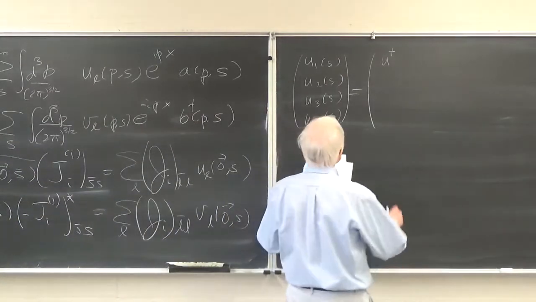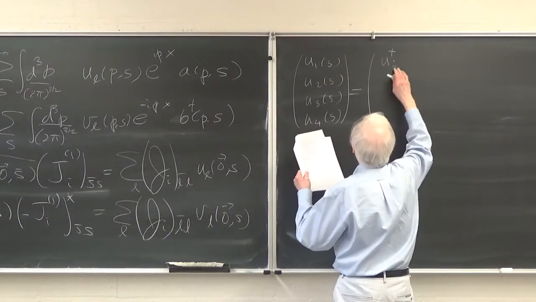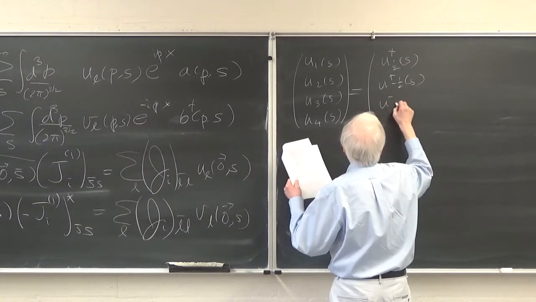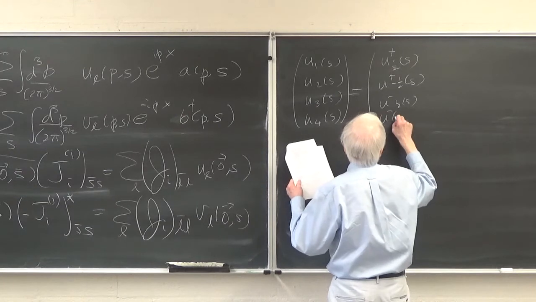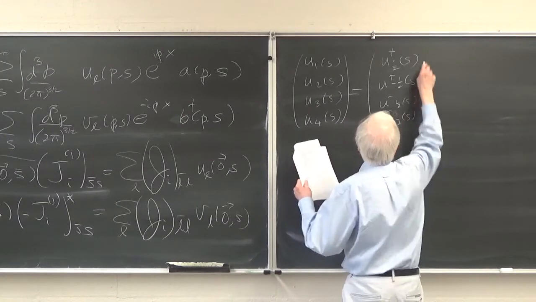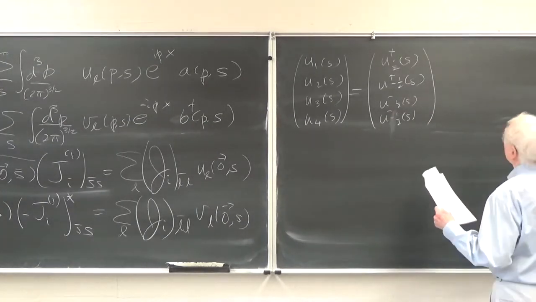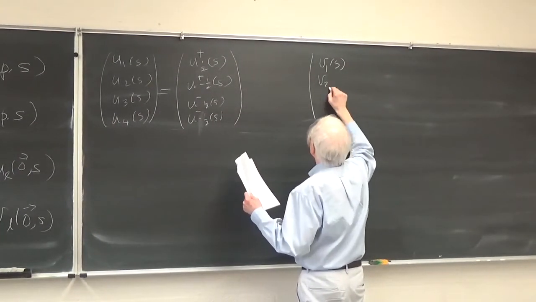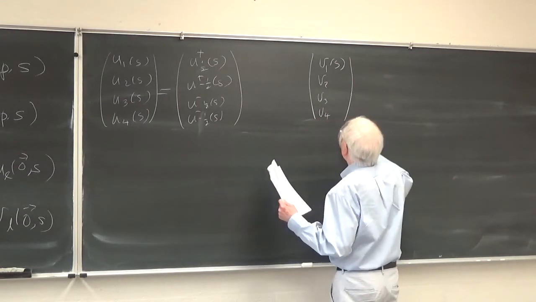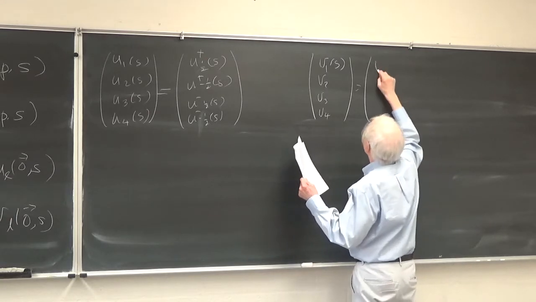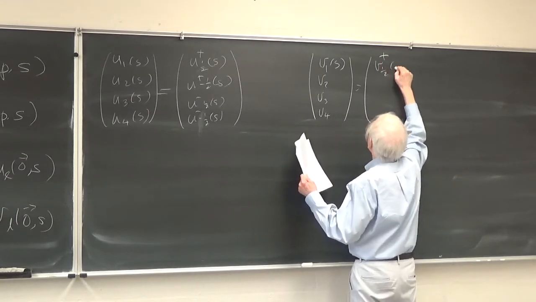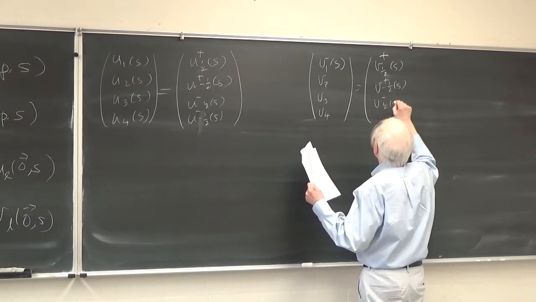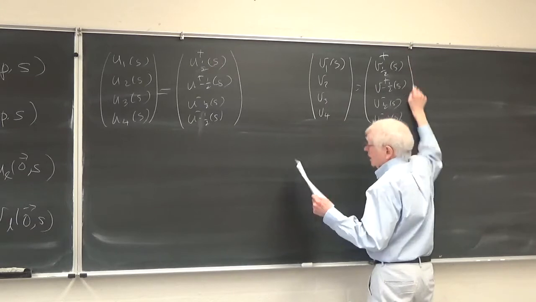So this is U plus a half of S, U plus minus a half of S, U minus a half of S, U minus minus a half of S. And a similar notation for the B's: B1 of S, B2, B3, B4, all of S. B plus a half of S, B plus minus a half of S, B minus a half of S, B minus minus a half of S. Okay, so that's the notation.